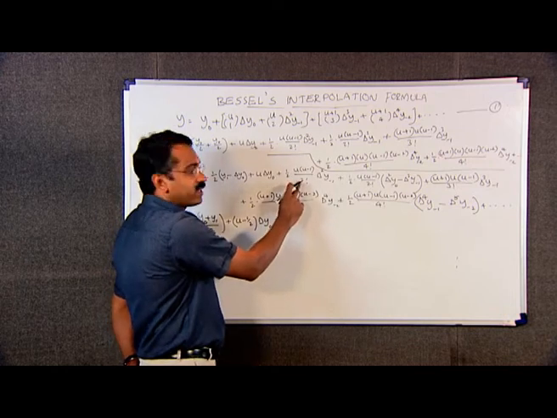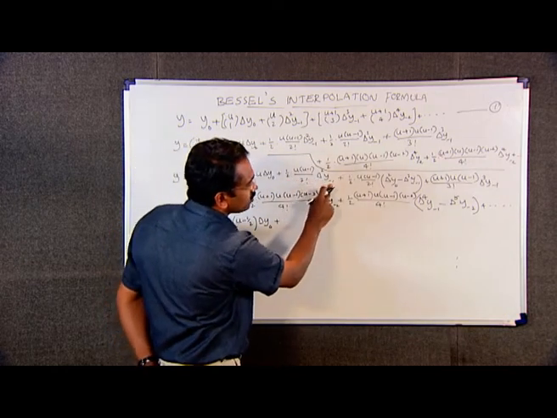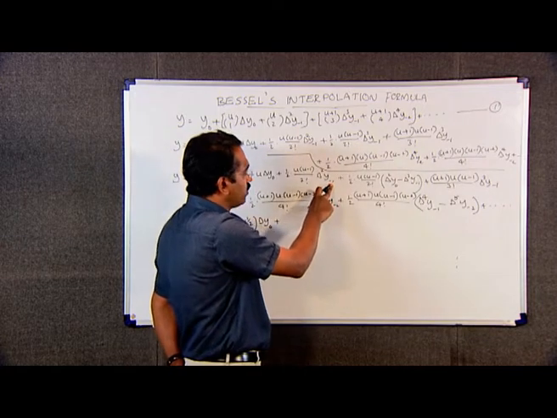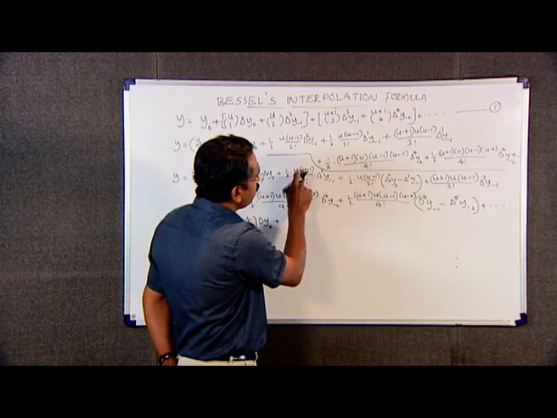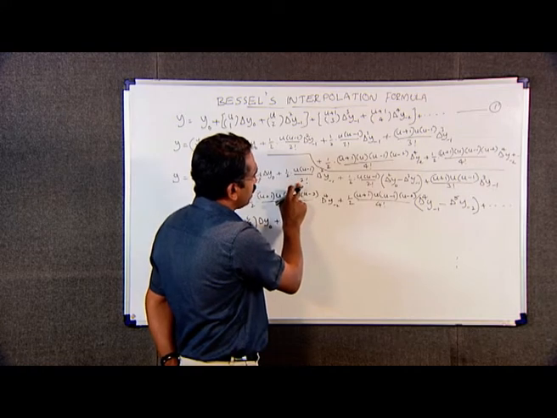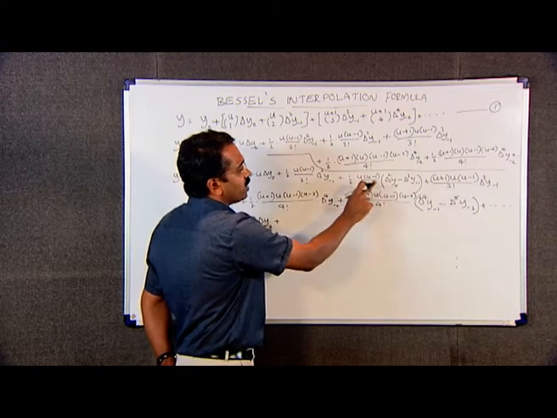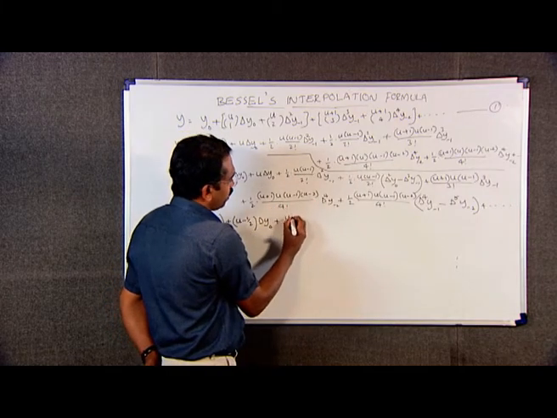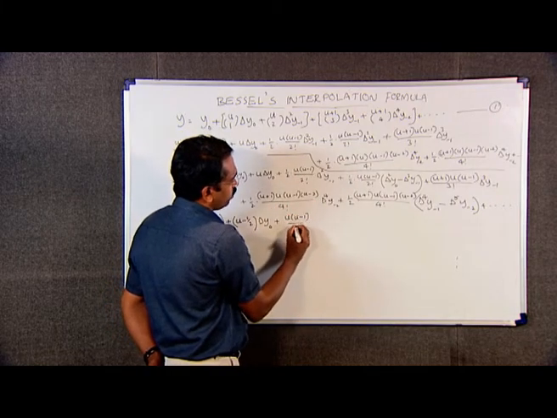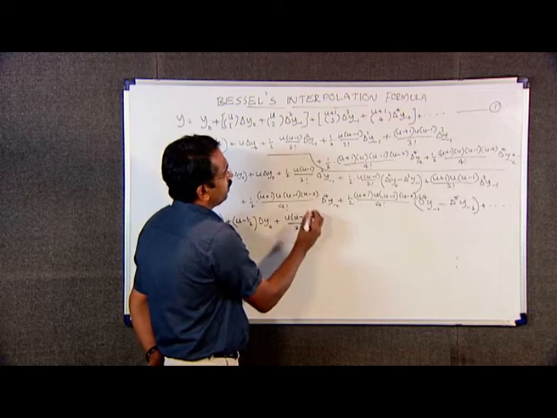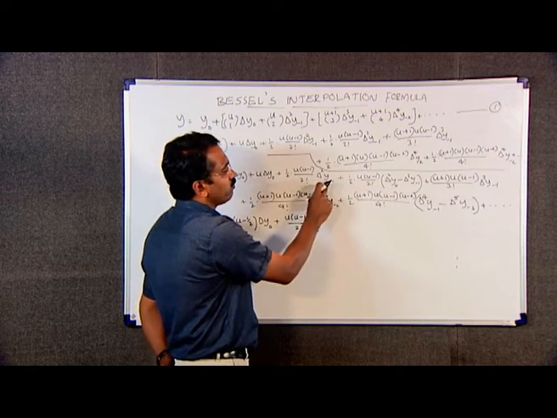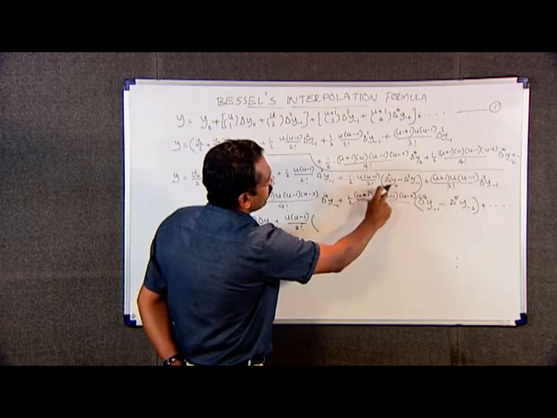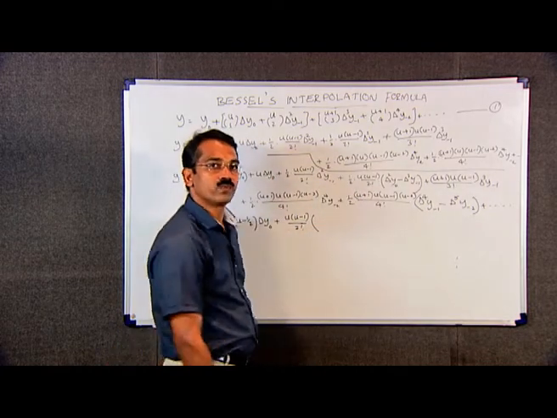from this we can write delta square y minus 1 and here u into u minus 1 divided by 2 factorial is common. We can write this as u into u minus 1 by 2 factorial into here delta square y minus 1 divided by 2, in this delta square y naught divided by 2.